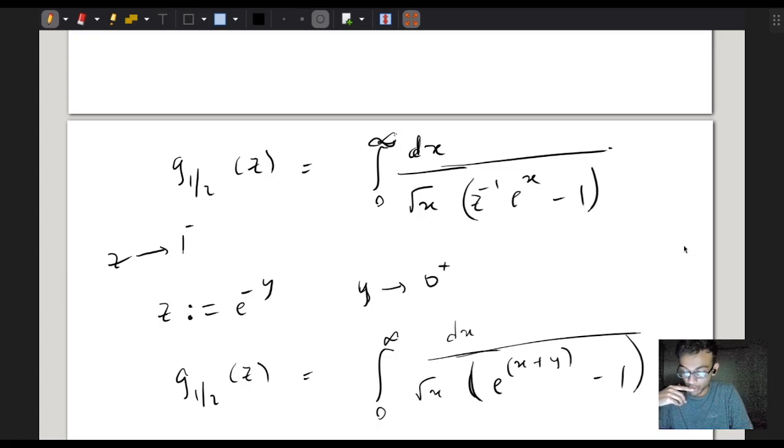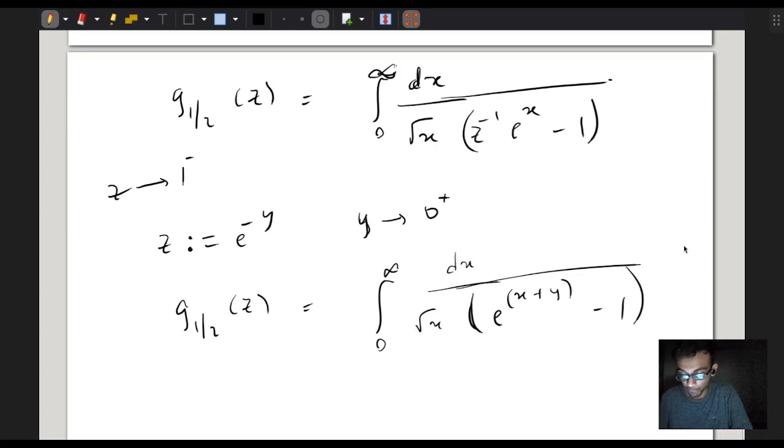The divergence will actually come due to the integral near x equal to 0. So notice that when you put y equal to 0, the integrand looks like x to the minus 3 by 2. So that is where the divergence is coming from.